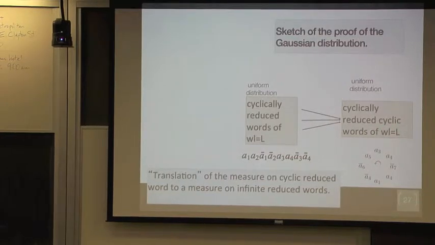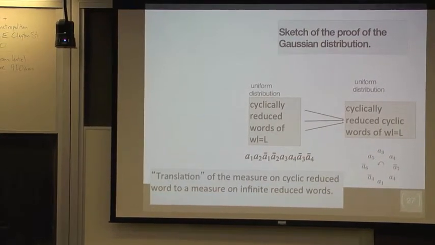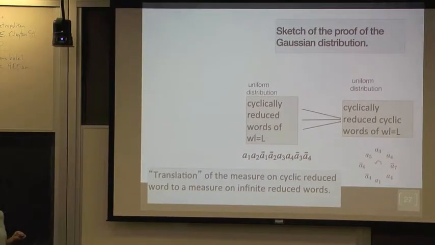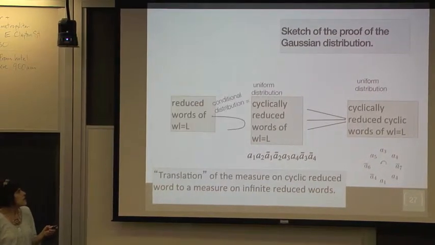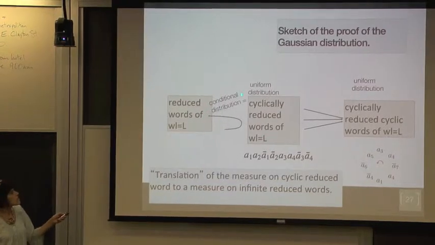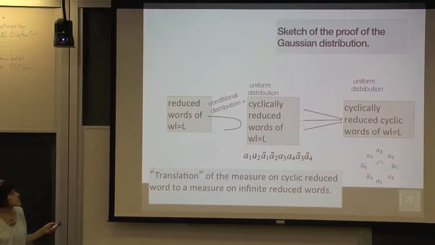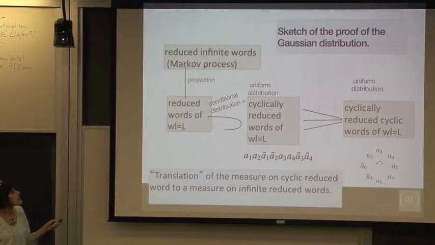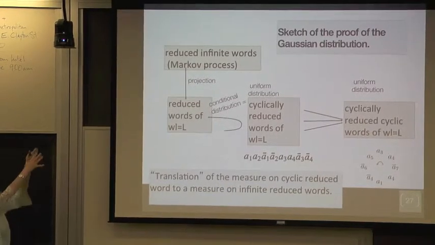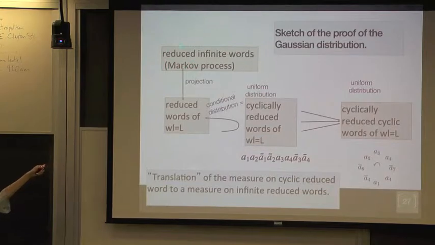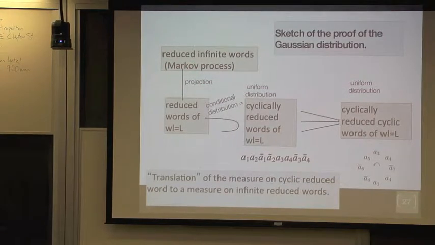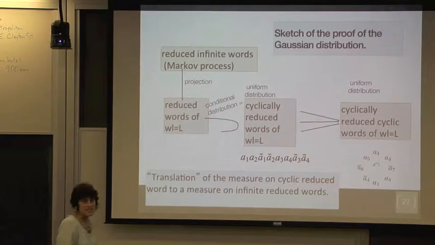It's not exactly L to 1 because I have some powers, but they're not significant when L is large, so I can disregard them. Then we look at this inside all the reduced words, and we put this one inside by projection. There's a projection from the reduced infinite words. And here is where one could do nice statistics.